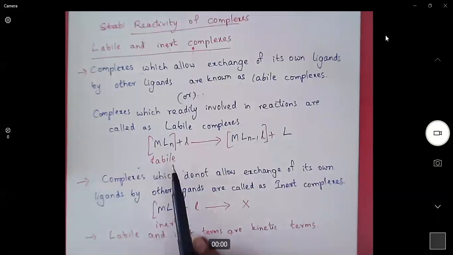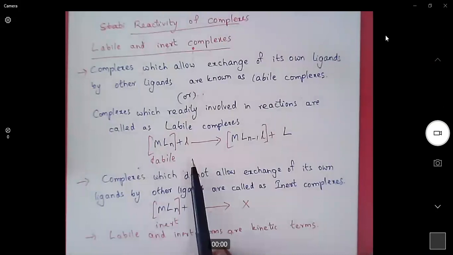Labile complexes will be involved in reactions. Inert complexes will not be involved in reactions. That means labile complexes are unstable in a reaction and inert complexes are stable in a reaction. Please do not confuse this with thermal stability.